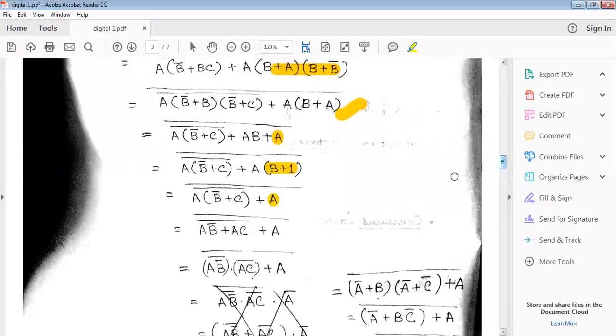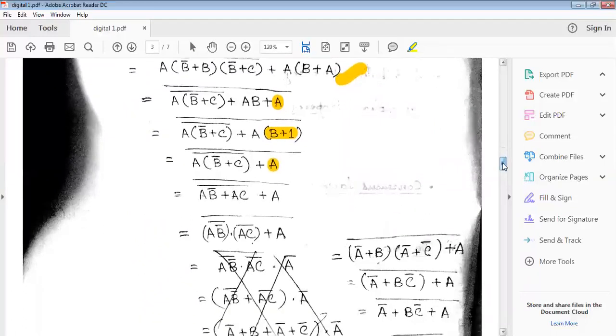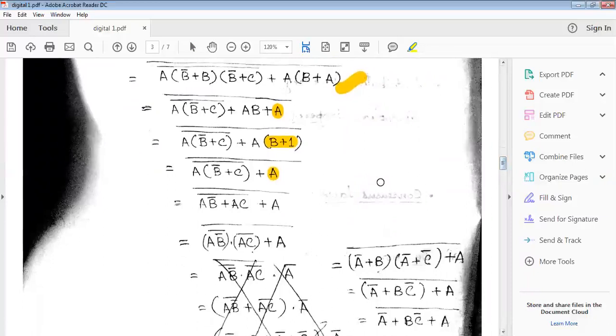Well, now coming to this part. Now I have multiplied this one, AB bar plus AC. So using De Morgan's theorem, which states A plus B whole bar equals A bar dot B bar, this one plus this one whole bar will become AB bar whole bar into AC bar whole bar.